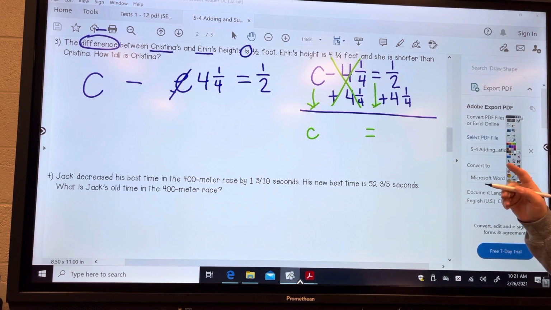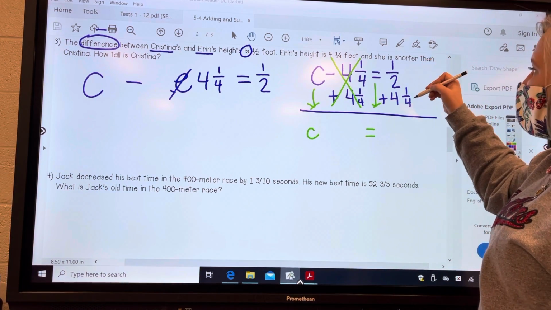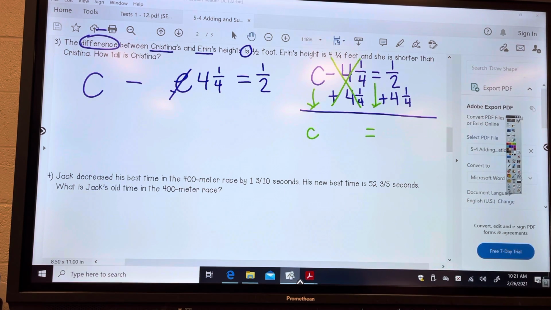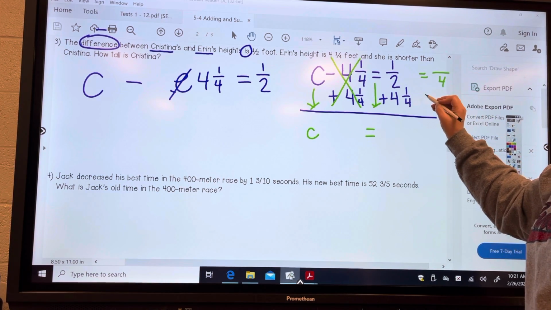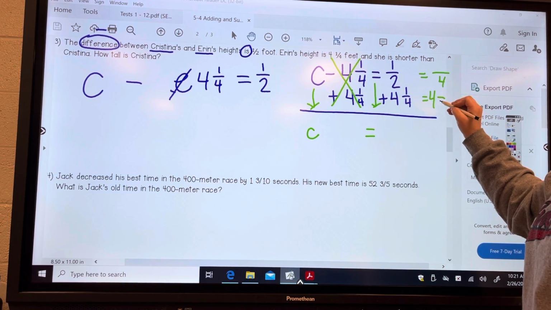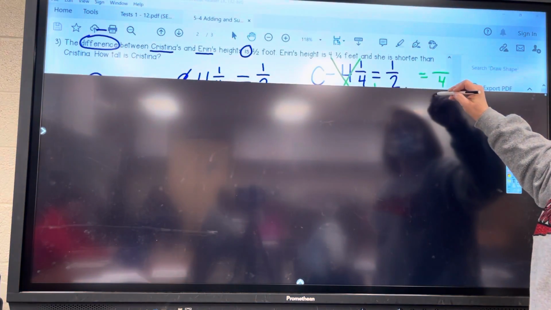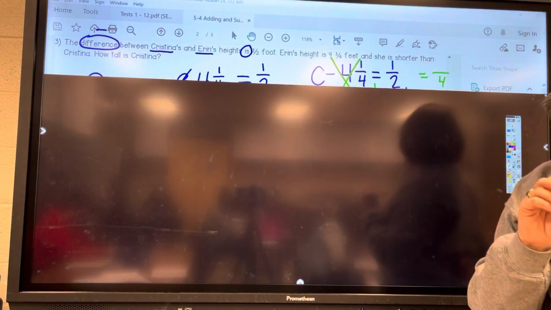Now, 1/2 and 1/4. Do I need a common denominator? Yeah, I do. What is it? 4. 4 is a multiple of 2, so we can use 4. One half. 2 times what is 4?